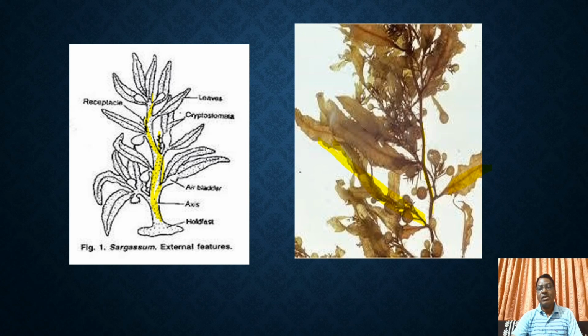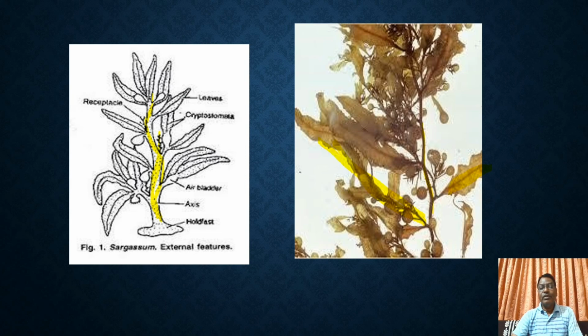So these gases are stored over here in this air bladder, and thus this air bladder also helps in gas exchange. Another important function performed by the air bladder is gas exchange.